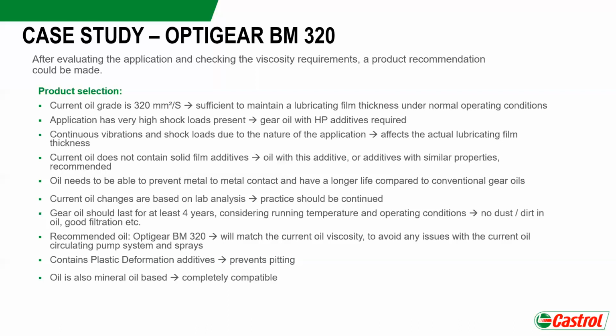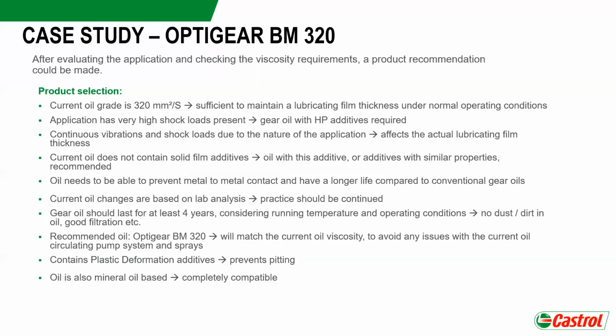The important thing here is the additives. Now, what we could have done is perhaps considered increasing the viscosity quite a lot. That could have been possible, but for one thing, looking carefully at the engineering drawings and inside the gearbox as well, we had a chance to see that the gearboxes have a circulating pump system and sprays.